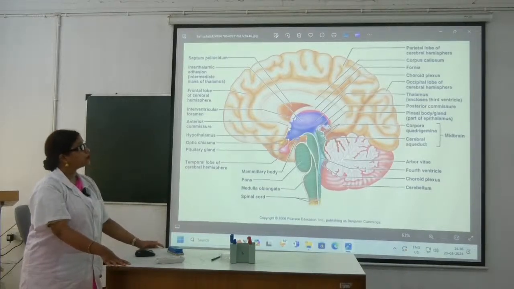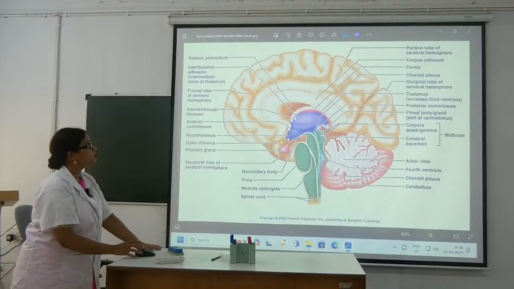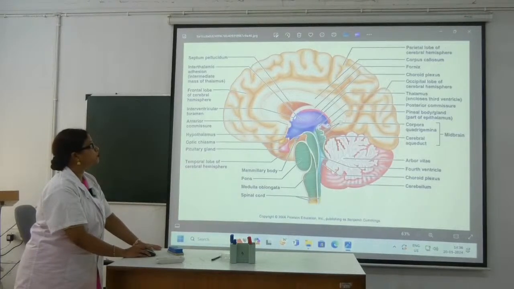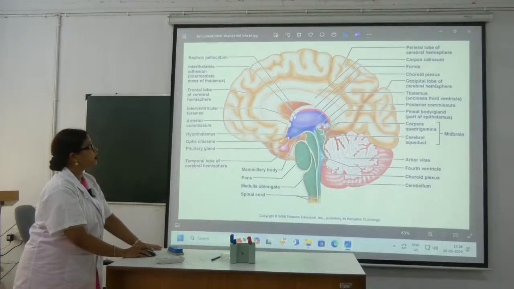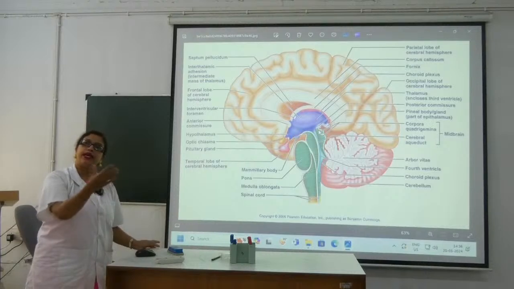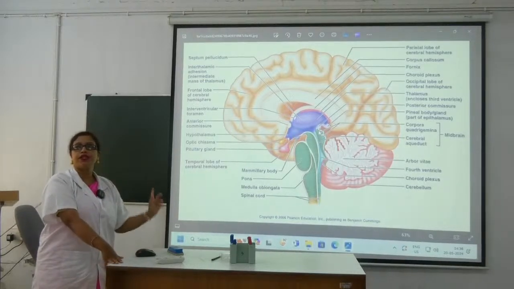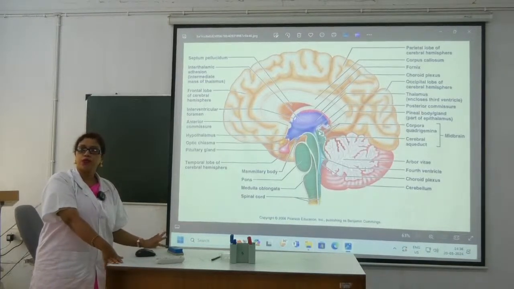But could you locate the posterior commissure? See over here, which one is the posterior commissure? This one. Okay. So similarly the extended part of the splenium is known as posterior commissure.